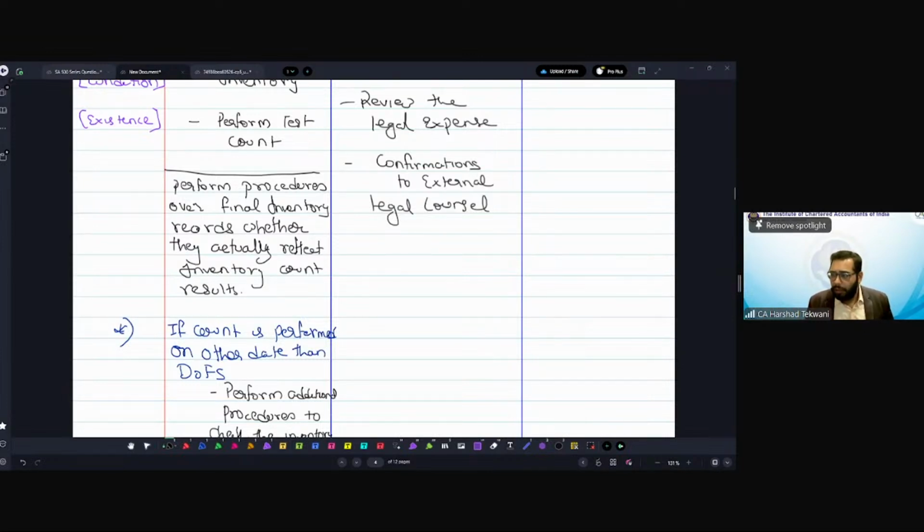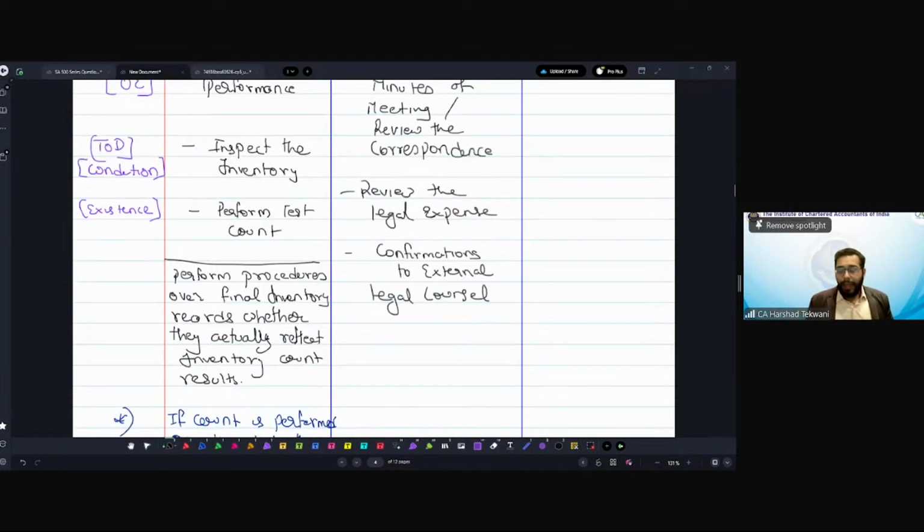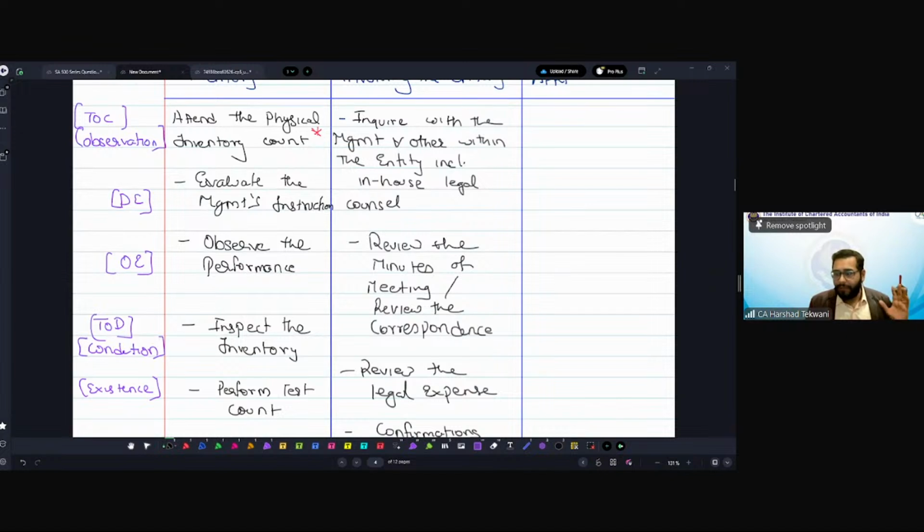You need to send a letter of inquiry, which is prepared by the management and sent by the auditor, requesting external legal counsel to communicate back to the auditor, not to the management. We will see that in external confirmation also, but this is something we need to do with the proper external confirmation procedure. This is something you can perform to get the comfort.